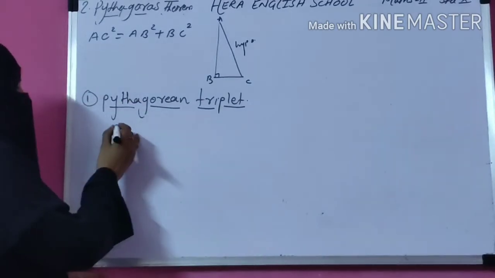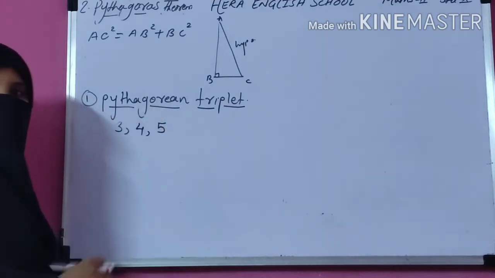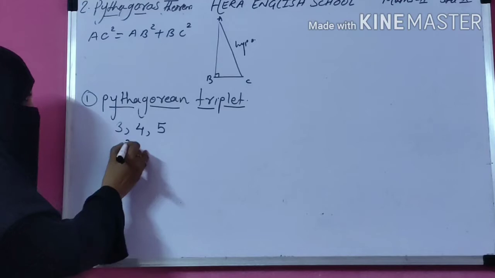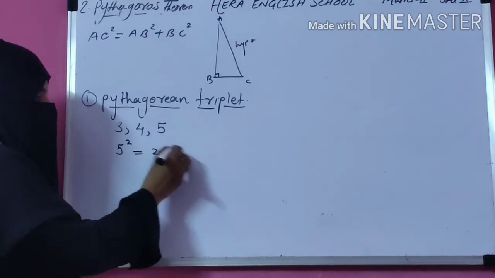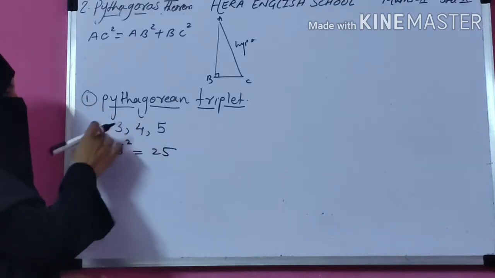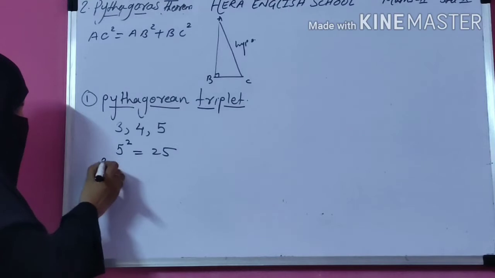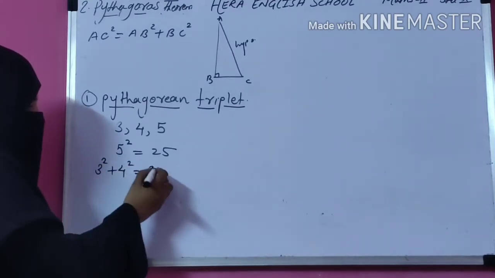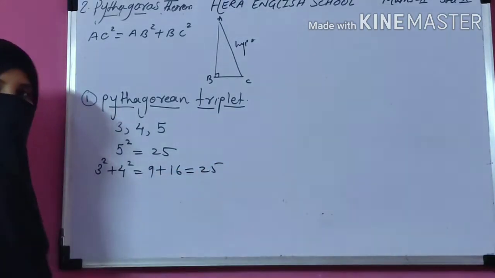For example, 3, 4, 5. The group of 3 numbers. In that, the square of the greater number, that means the square of 5. Here the greater number is 5. The square of 5 is 25. Then the sum of the squares of the remaining 2 numbers, 3 square plus 4 square. 3 square is 9 and 4 square is 16. 9 plus 16 is 25.